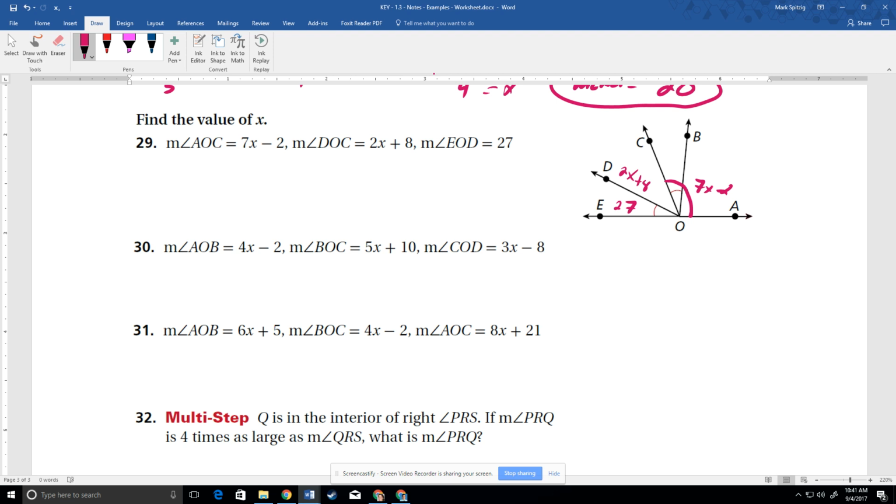All right, so basically what we're looking at is that we know that this angle right here, angle EOA, in other words, the flat one, is a straight angle. It's going to be 180 degrees, right? So if it's 180 degrees, we know that essentially this plus this plus this is 180 degrees. So if we have all three of these things, we know that these three things are going to add to 180.